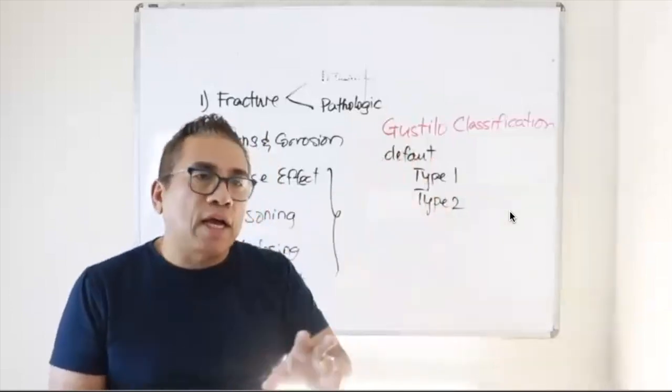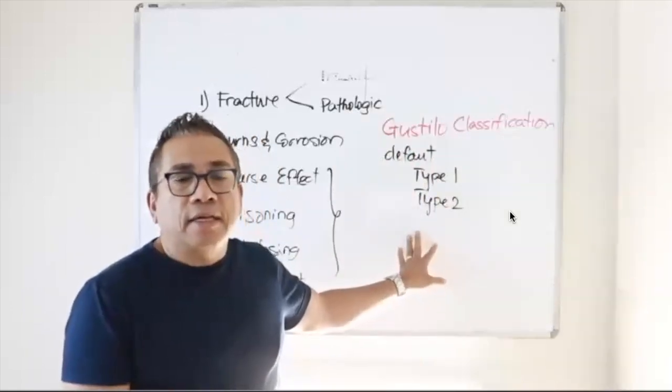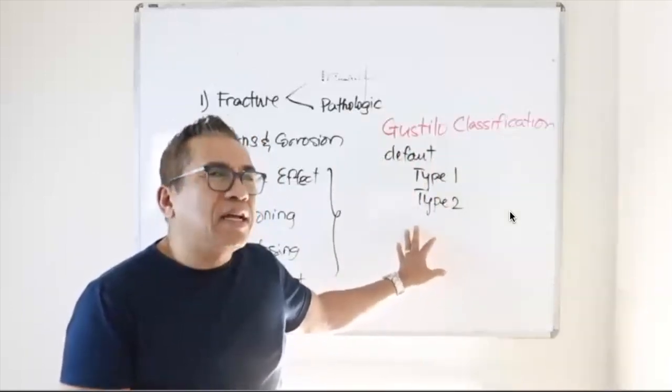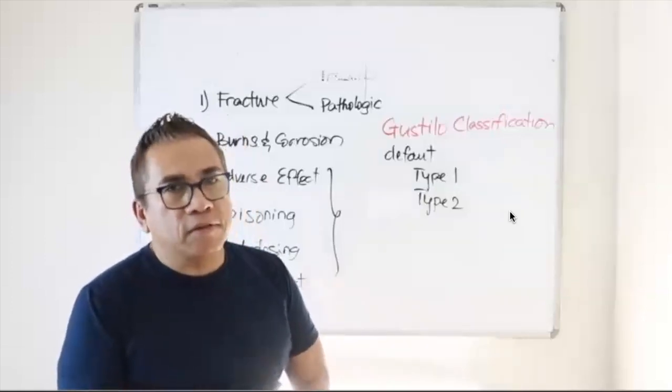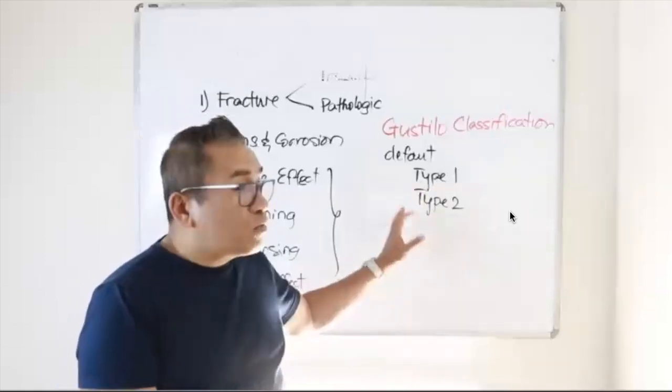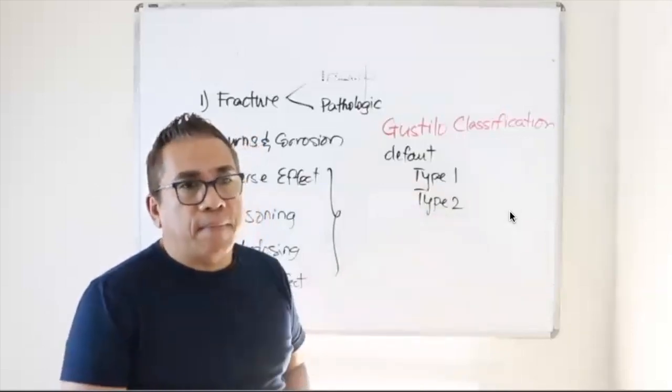And also, guys, from what I have heard, not too lately, there was a question about the Gustillo type of fracture. So you really need to know this. You might encounter this in the AHIMA exam.